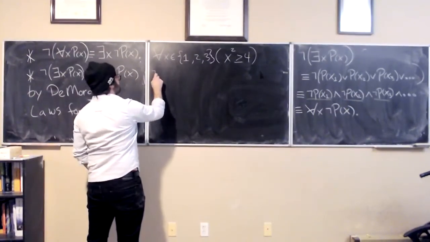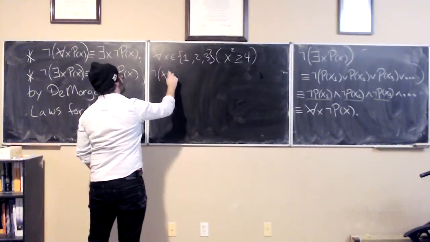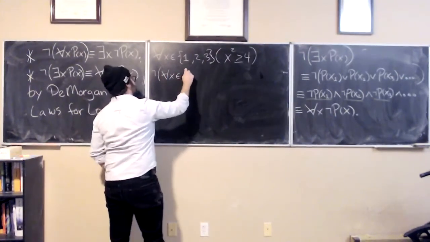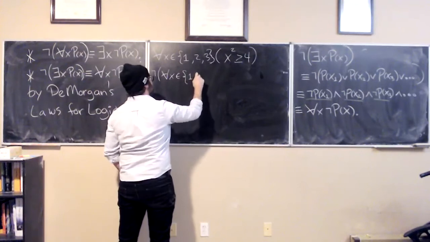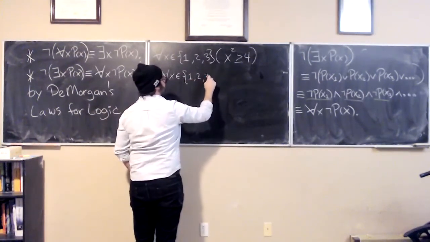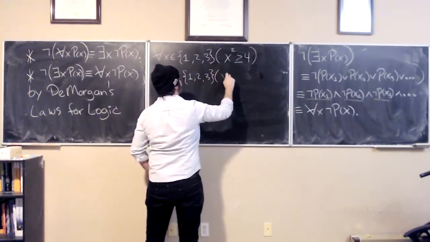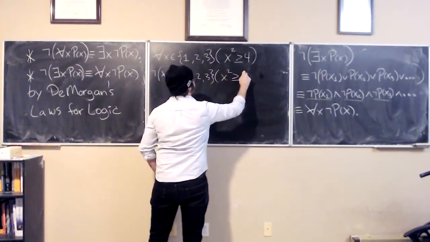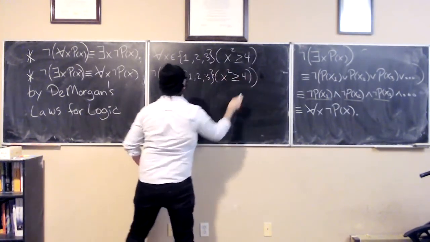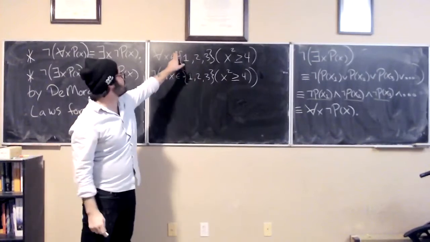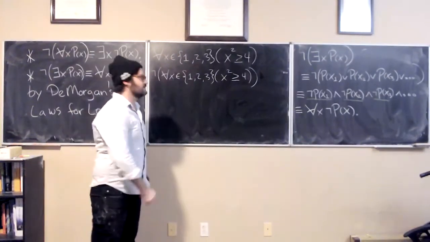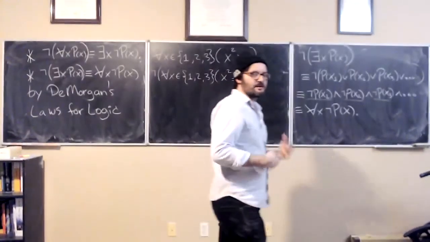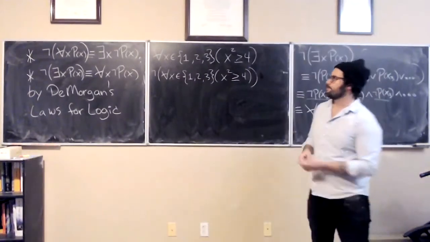So, not for all x in here. What is this truth value? Whatever the truth value of this negation is, it is the opposite truth value of the original. Again, we have this dichotomy between truth values.